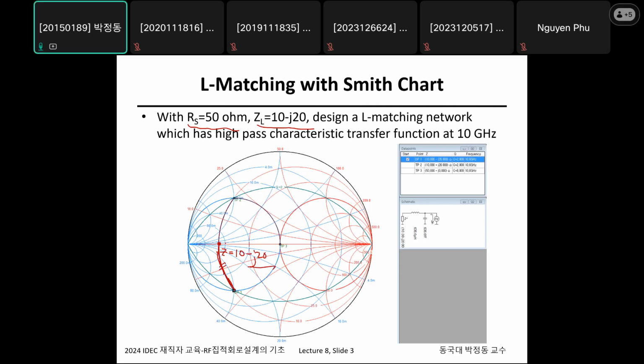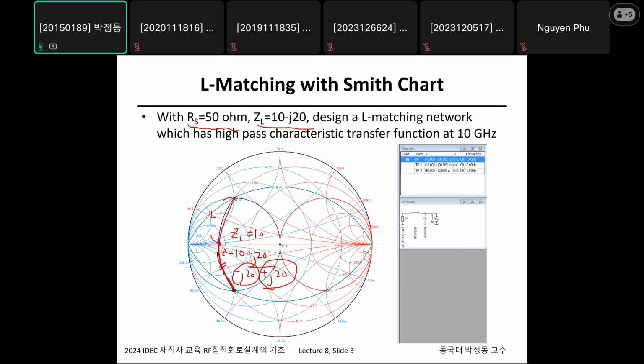So for this one, if RL is 10, what you need is this amount of inductance in parallel, right? But since you have a minus j20, you need to make a plus j20.